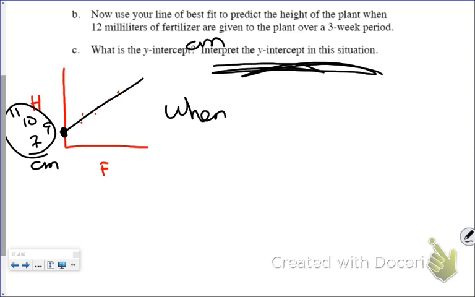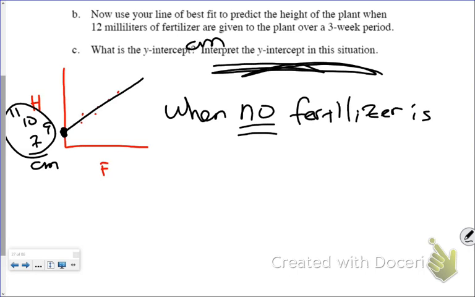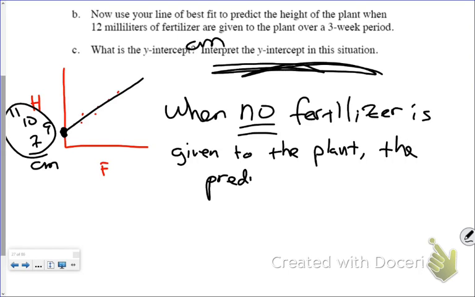Write this down: when no or 0 fertilizer is given to the plant or the seed, let's call it the seed, the plant, the expected or the predicted height, what is the predicted height?